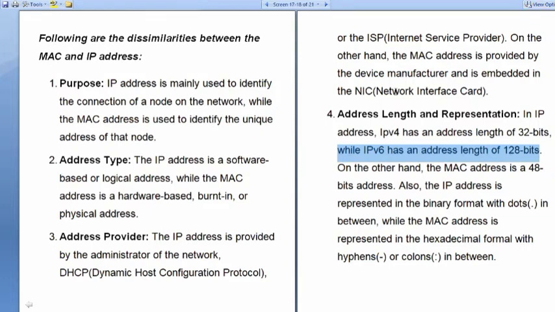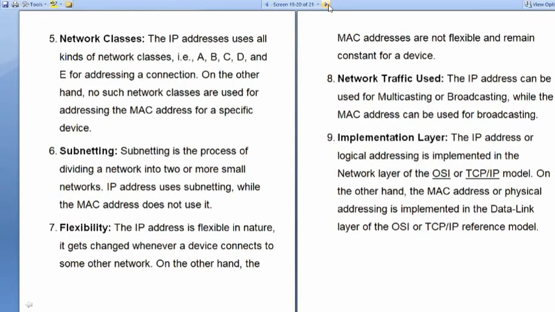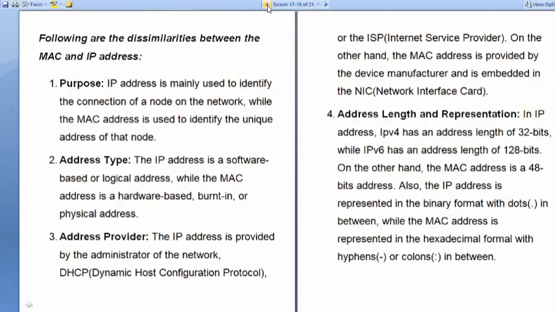There is one difference: the MAC address is represented in hexadecimal format with hyphens or colons in between, and in IP addresses we find dotted decimal notation.